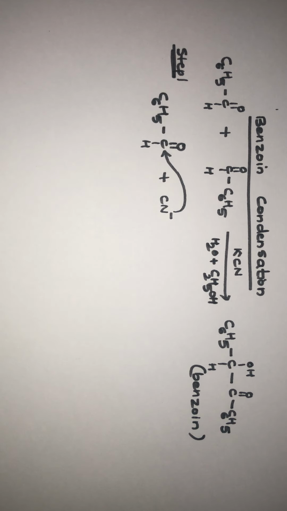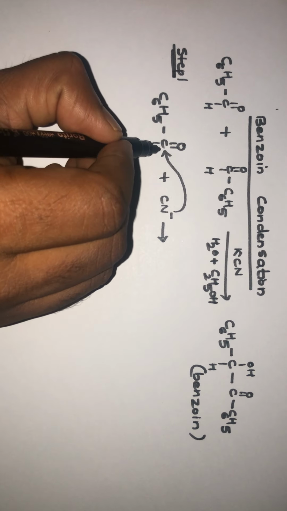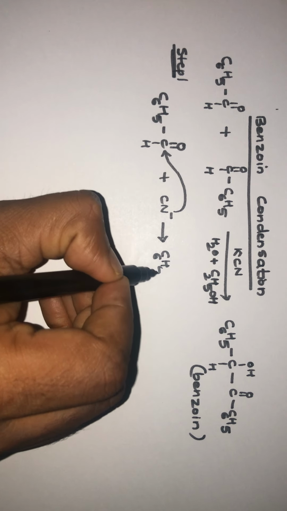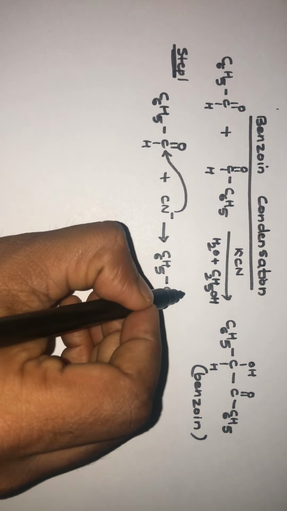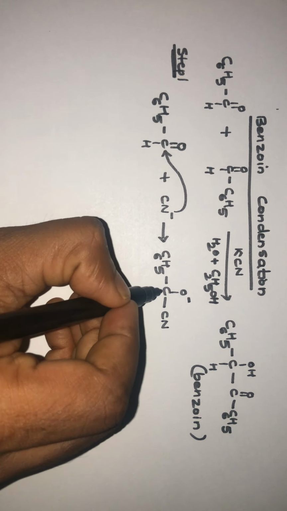Cyanide is a very good nucleophile. When it attacks, the double bond O becomes single bond O minus, because one bond has to break. So C O minus, we have cyanide and we have H.